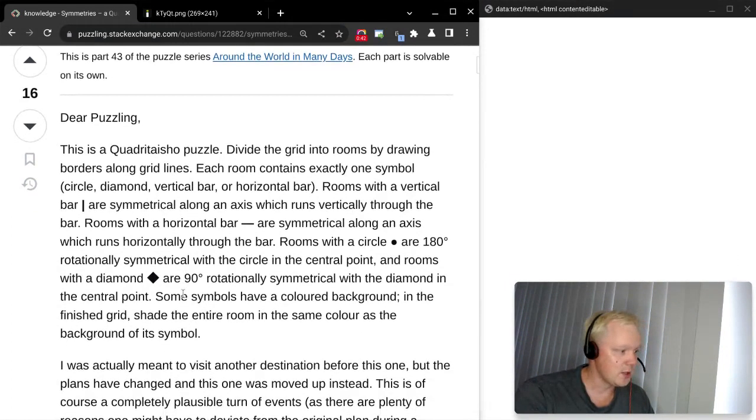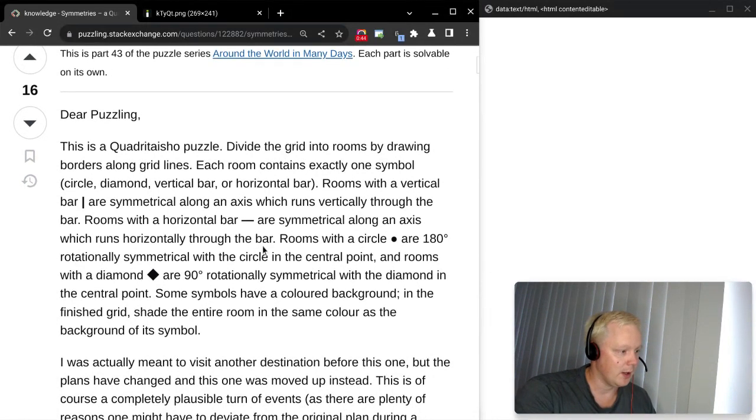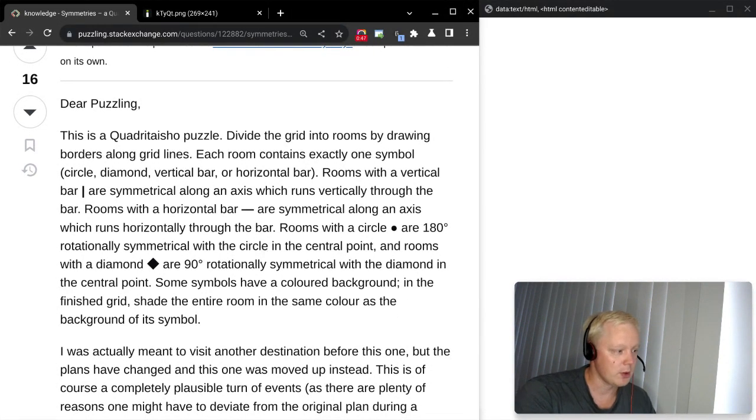So this is a Quadritaisho puzzle. Divide the grid into rooms by drawing borders along grid lines. Each room contains exactly one symbol, which are circle, diamond, vertical bar, and horizontal bar. Rooms with a vertical bar are symmetrical along an axis which runs vertically through the bar.